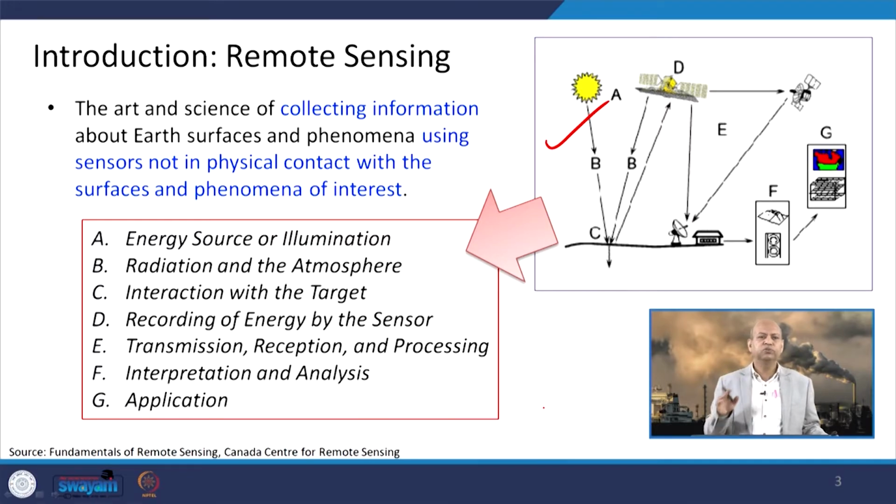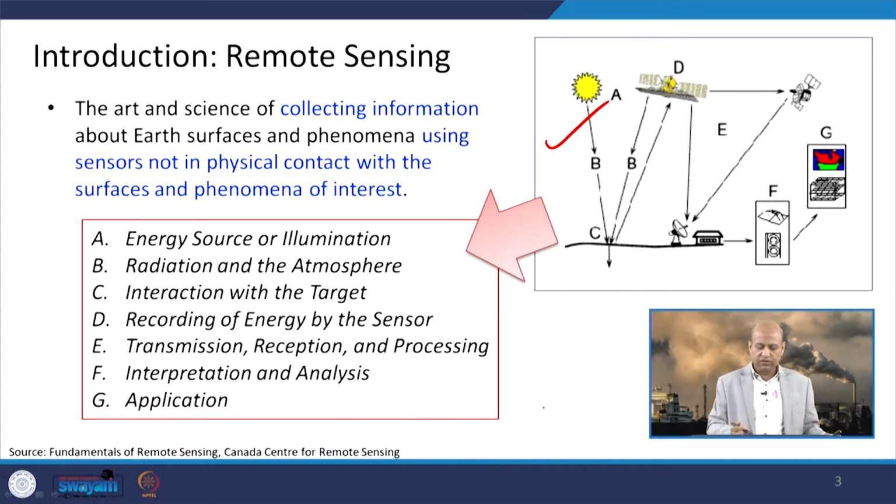So, we will focus on these aspects of the atmosphere, which is monitored using sensors without physical contact with the surface of the earth or with the phenomena, like air pollution plumes. A physical monitoring system has an instrument which has physical contact, and then it measures, but in remote sensing only sensor based data observations are there, without physical contact.